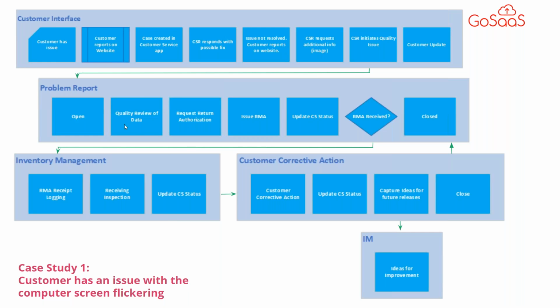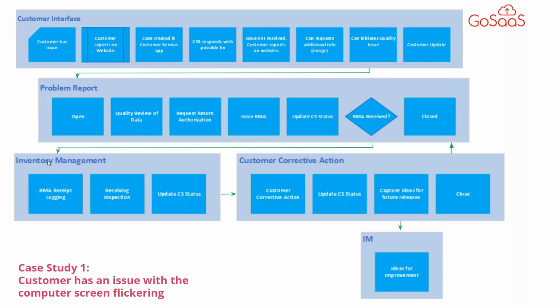In this case, quality is going to review the data. Based on their review, they're going to authorize an RMA and issue the RMA to the customer. The customer gets that information, and then it's just kind of a waiting game for the product to come back.